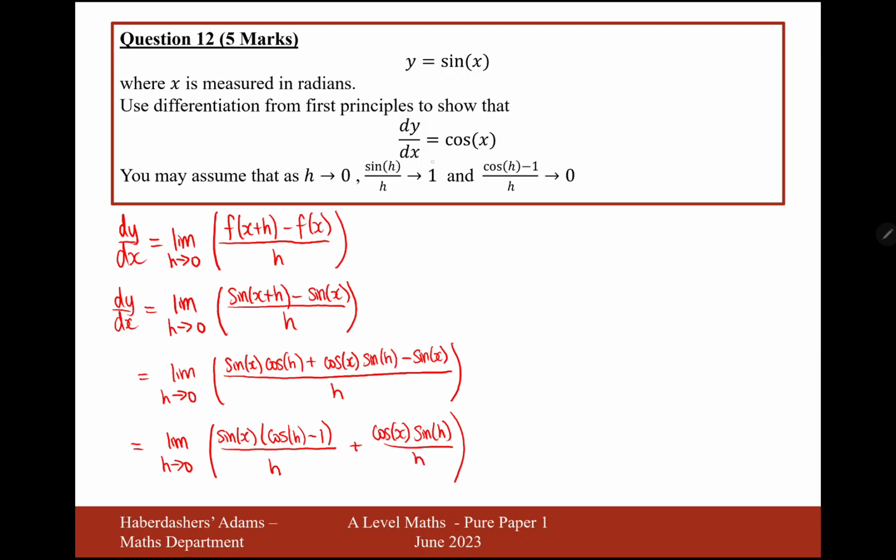Now we apply these rules here. So on the first one, cos h minus 1 over h, that will tend towards 0. So as we take the limit as h tends towards 0, this part will tend towards 0.